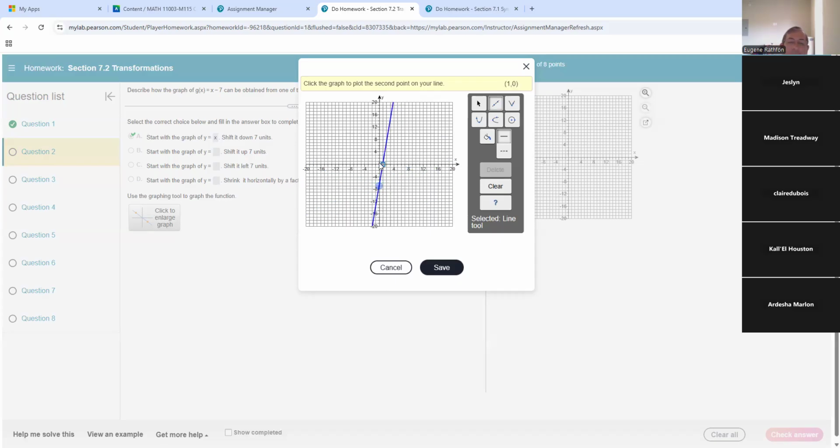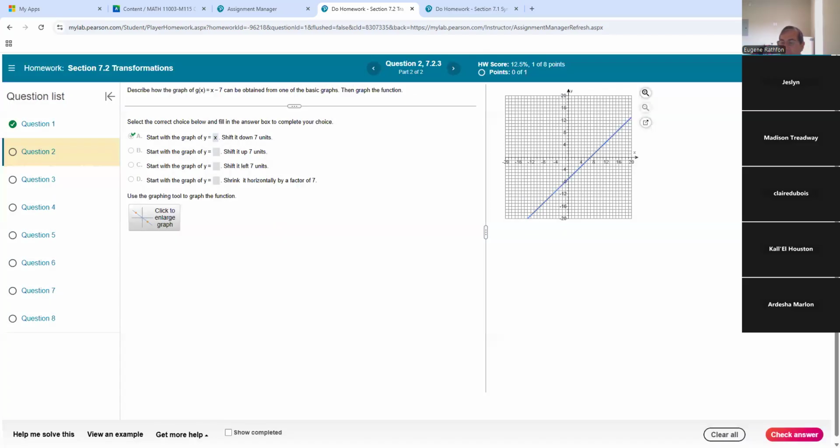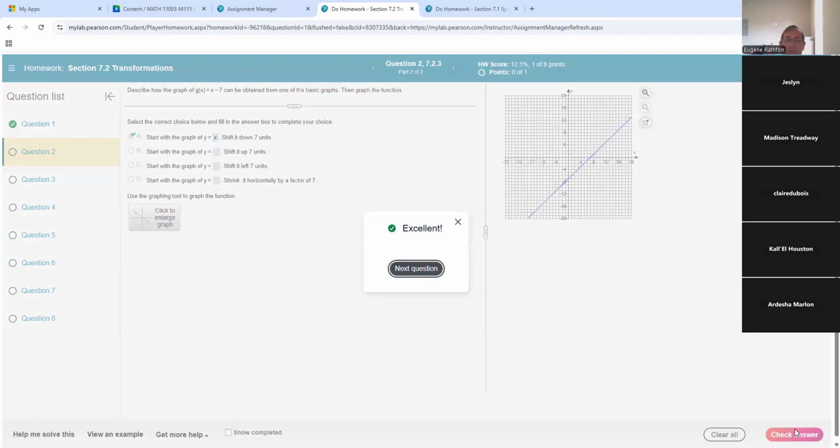So my second point would be (1, negative 6). So just come up with 2 points and plot them. But y'all look, the line graph used to go right through the center. Now it moved down 7 units, okay? So on your second one, you physically got to graph that line, okay? Save that, and then check your answer.